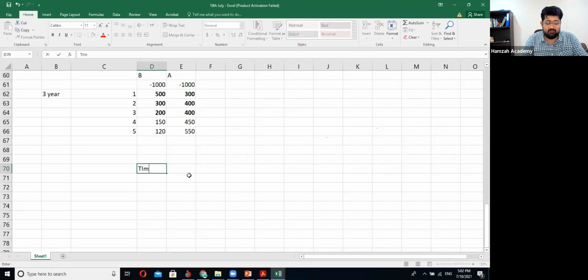What is time value of money? Today's money is worth more than tomorrow's. This is the time value of money.